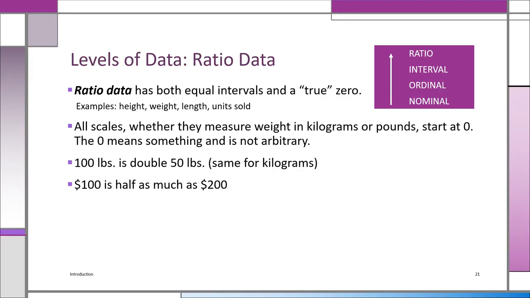Once you have a true zero, you can talk about ratios like double, triple. Again, 100 pounds is double 50 pounds. If you have $100 in your bank account and somebody else has 200, guess what? They've doubled the amount of money. And if you both convert to francs, guess what? The one person who had $200 now has double the francs as the person that had the $100.